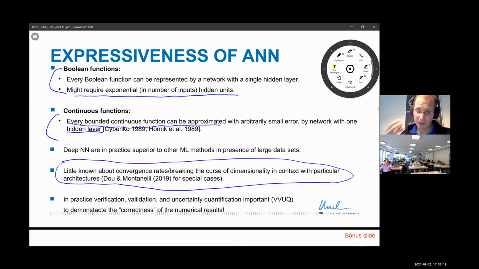But the problem is there are strong restrictions on the types of functions you can deal with. They use a hypercube in particular to prove these sorts of things.